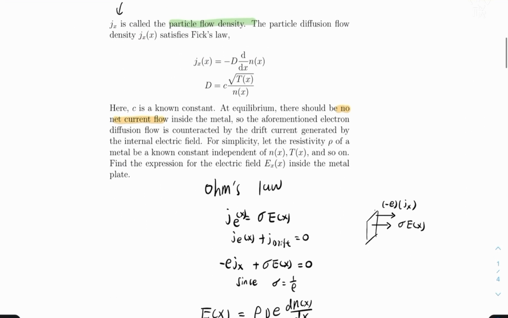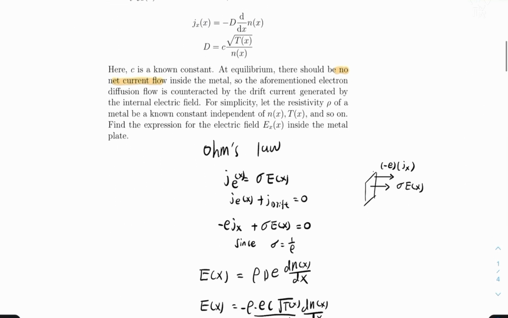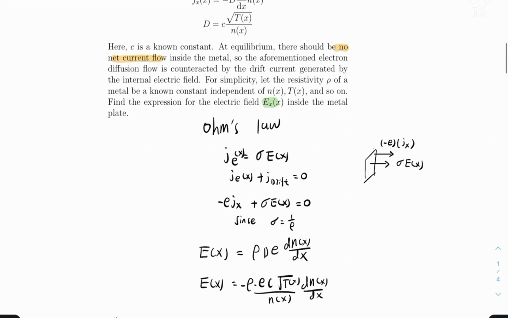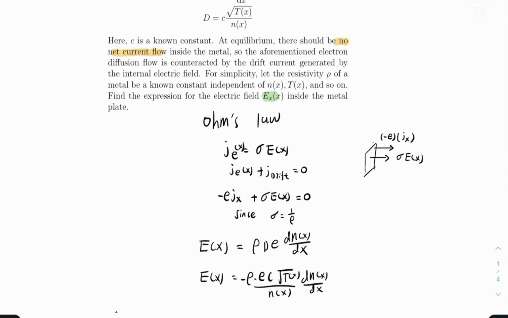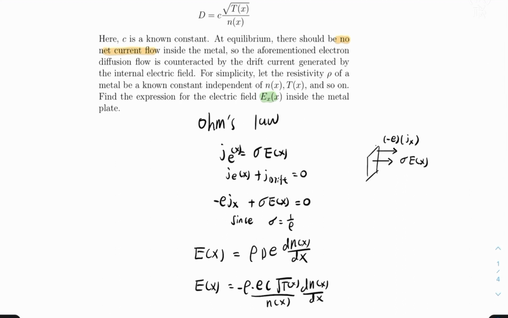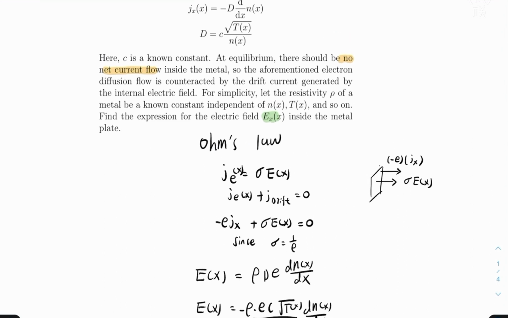And now let's go over how to solve for the electric field Ex. And so first, we need to use Ohm's law. Oh wait, I need to add something. At equilibrium, there should be no net current flow inside the metal.